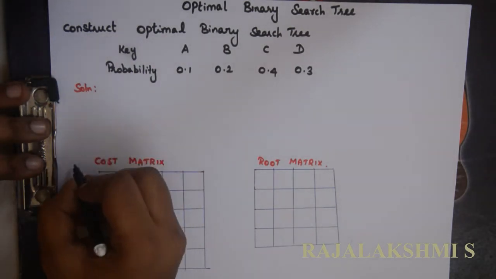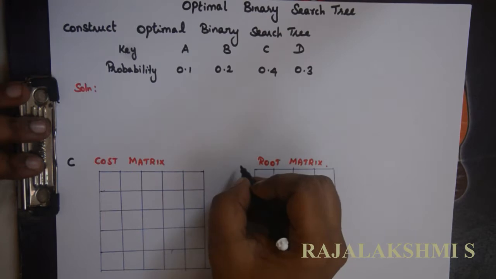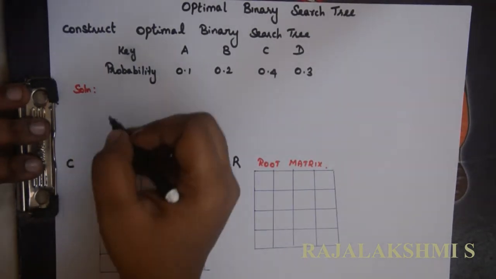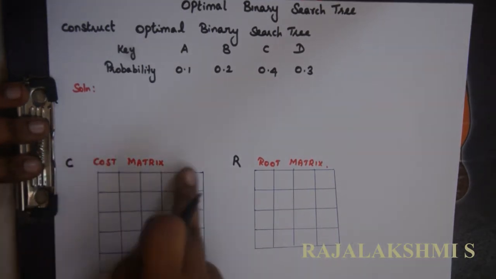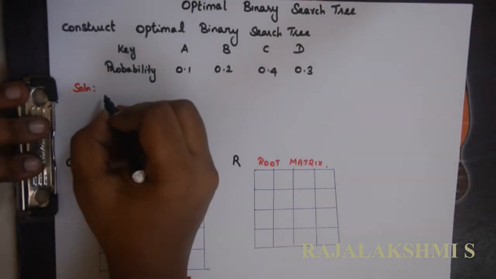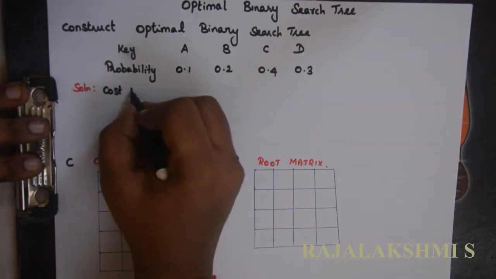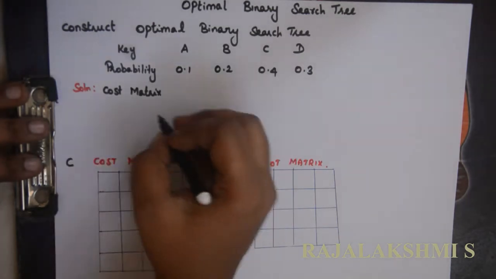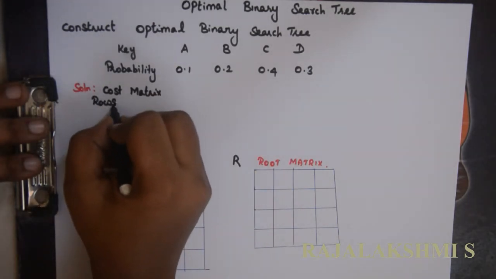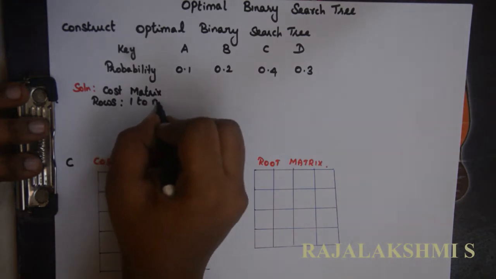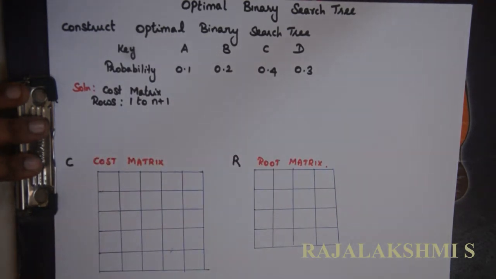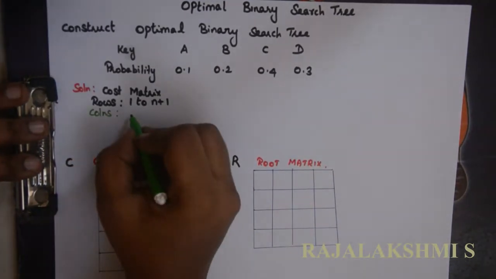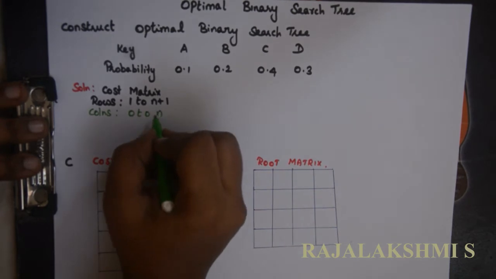Cost matrix I am going to represent with the letter C, and root matrix I am going to represent with the letter R. So this is the matrix, right? The matrix we will be accessing with the help of rows and columns. For the cost matrix, the rows range from 1 to n plus 1, and columns range from 0 to n.